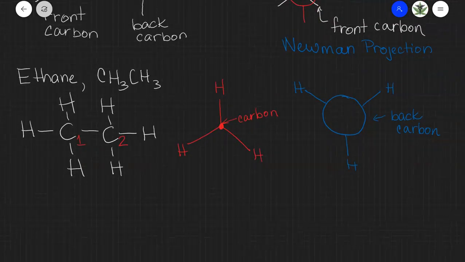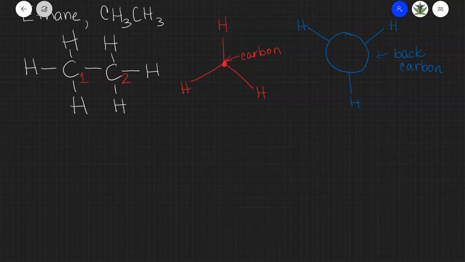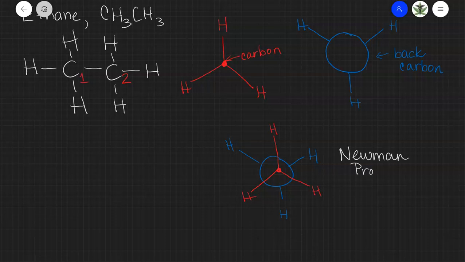So what we want to do is put these two pieces together. We want to take the back carbon and we want to put the front carbon on top. And this represents our Newman projection for ethane.